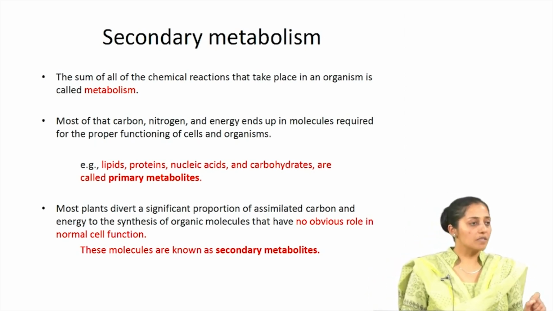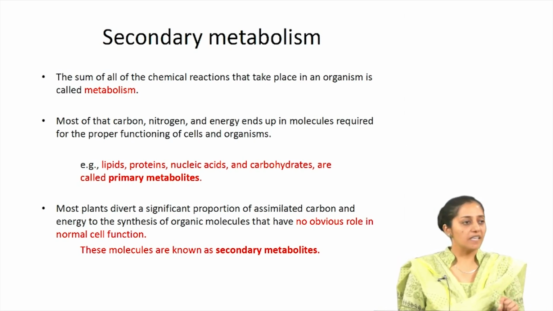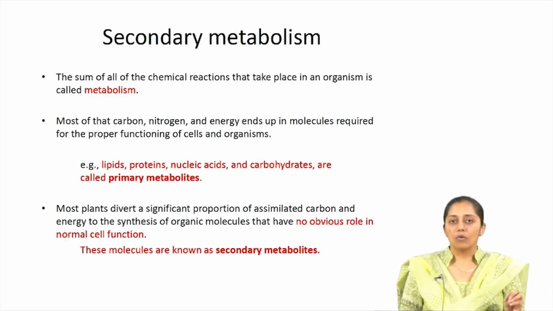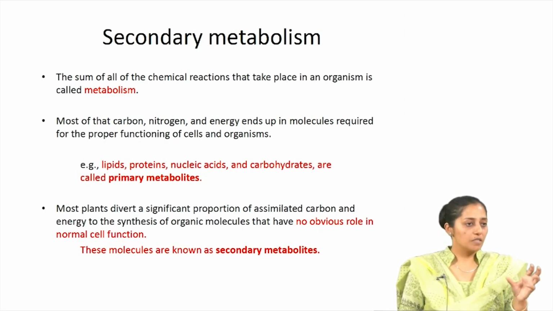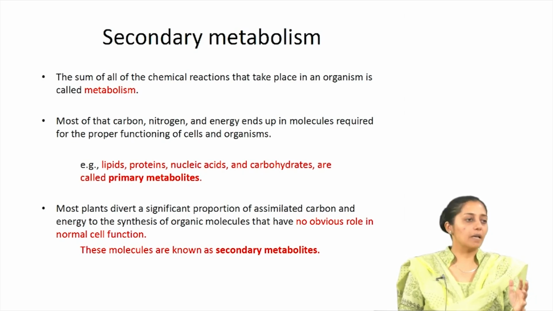Now, what is metabolism? To begin with, it is the sum of all chemical reactions that take place in an organism. So, this forms metabolism, whether primary or secondary. Now, most of the carbon, nitrogen or energy which is accumulated in the cell is majorly used for its growth and development. So, that forms the primary metabolism.